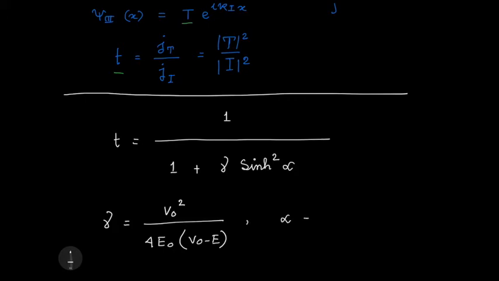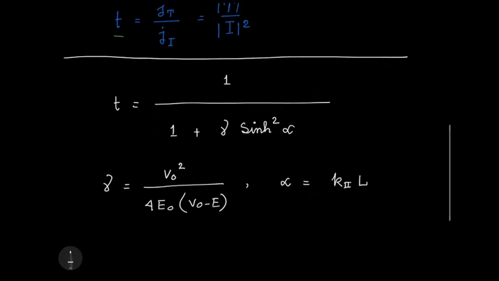Alpha is also a dimensionless quantity. It is simply K2 times L. And let me still remind you what is K2.